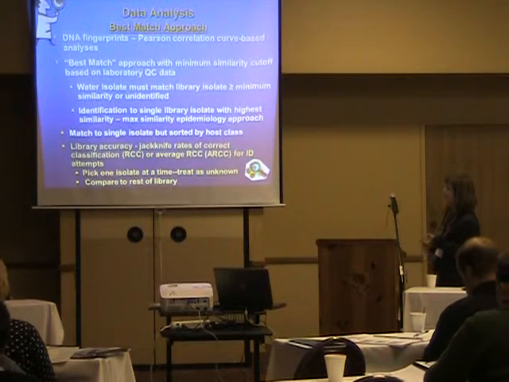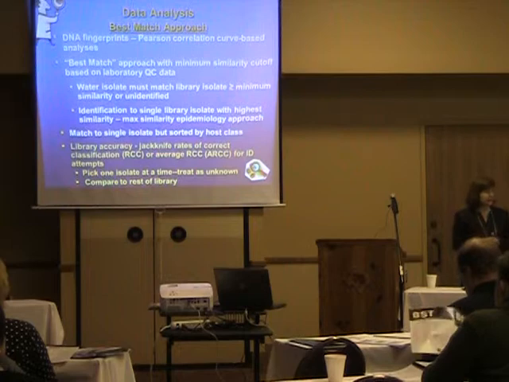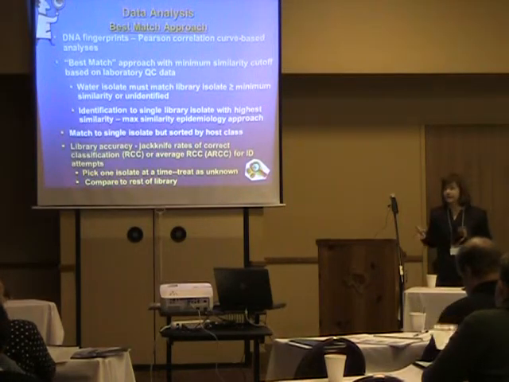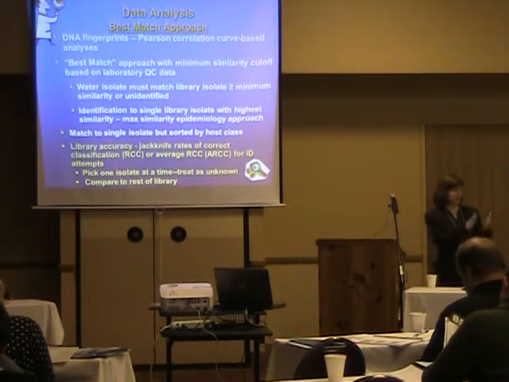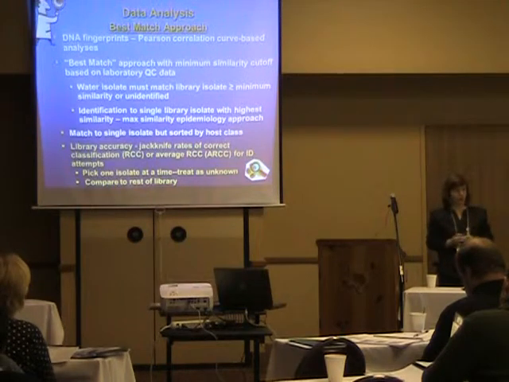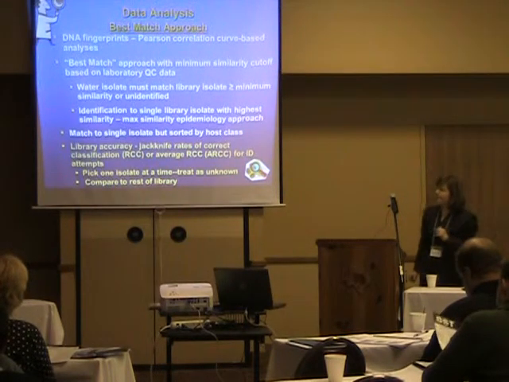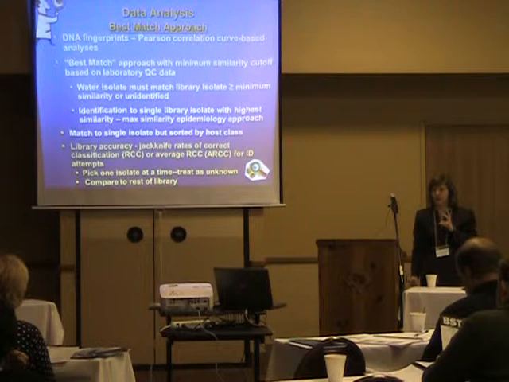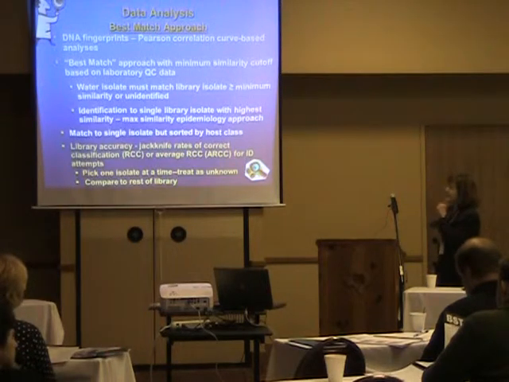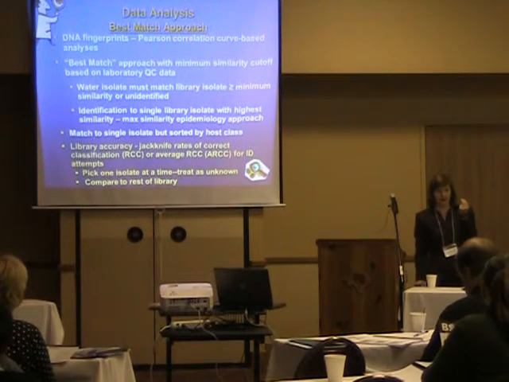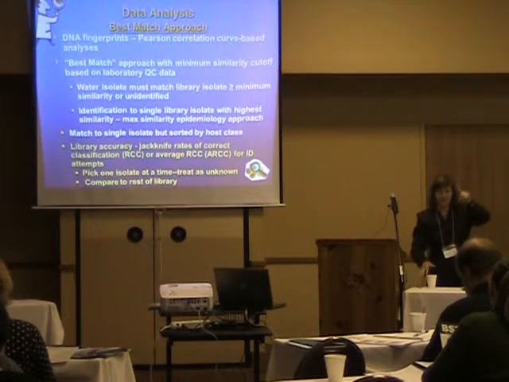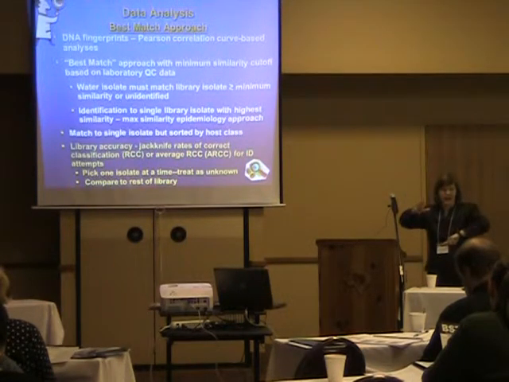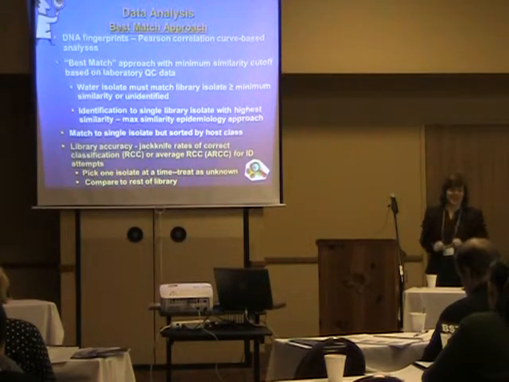When we looked at data matching, this is a little different than some of the other methods that you've talked about, and you've seen those clusters of groups. Our approach is different. Our approach is more the best match to a single isolate in the library. So you take the pattern, you compare it to all the rest of the patterns in the library, the one that's the most similar, that's the match.